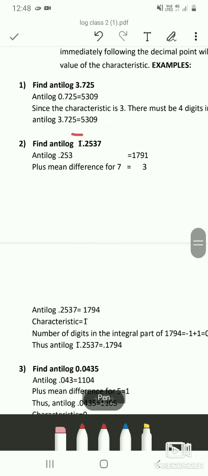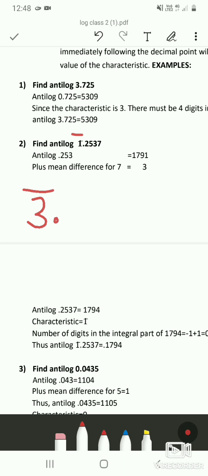Similarly, if the question was 3 with some value in the mantissa part, in the last step the characteristic would be negative, that is -3. So the number of zeros would be 1 less than the numerical value of the characteristic.